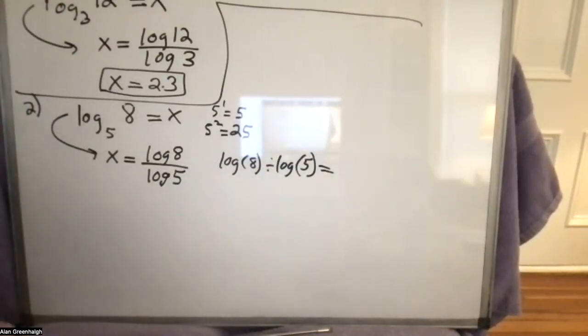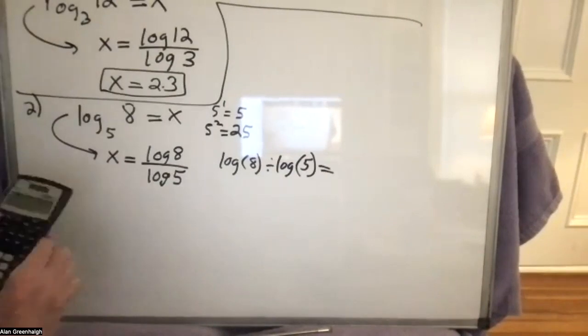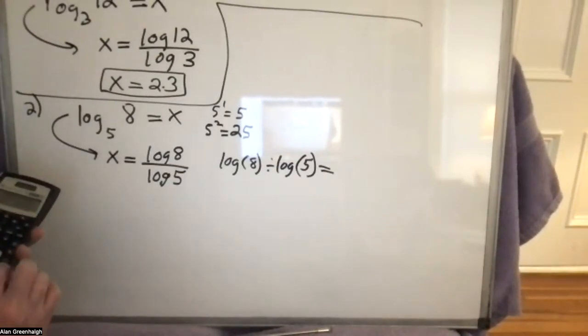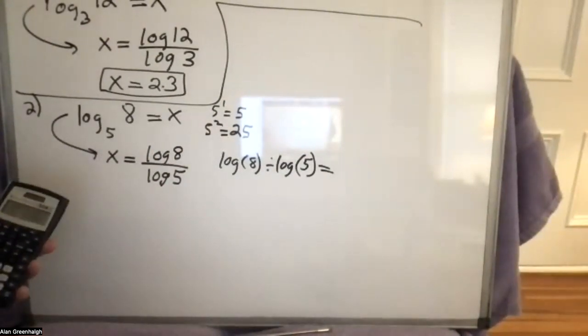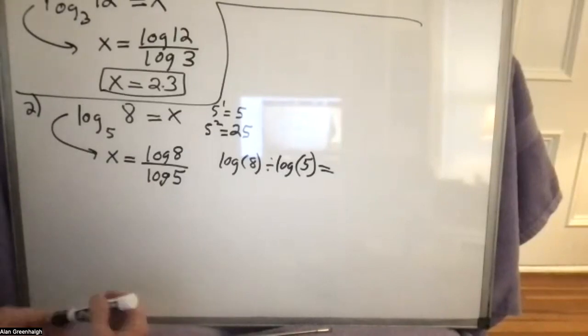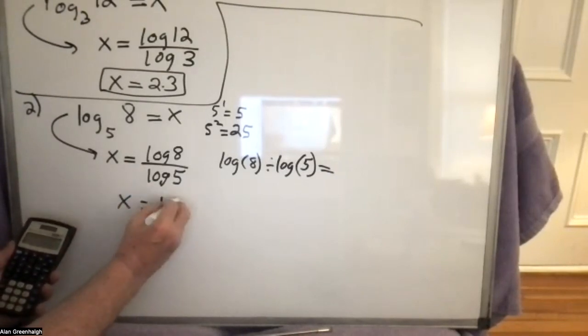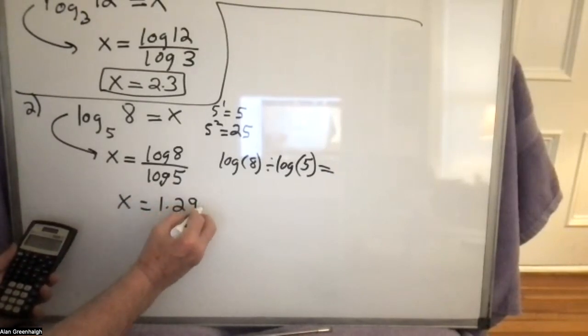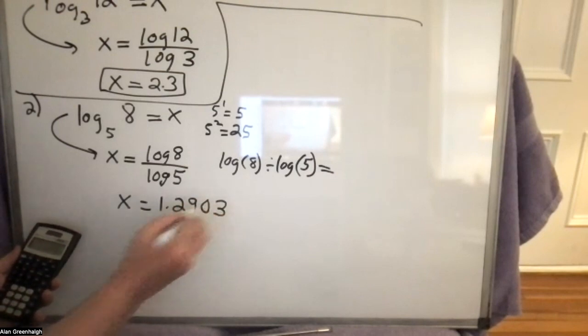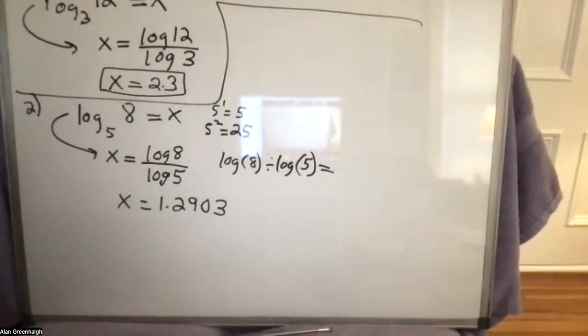And you press equals, and you wind up with 1 point, well, let's give the exact answer. X is equal to 1.2903. That's the exact answer.